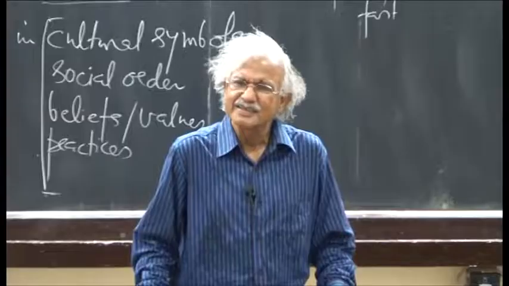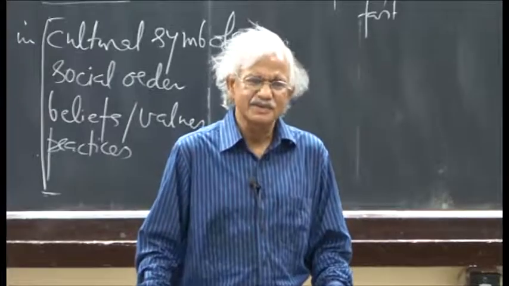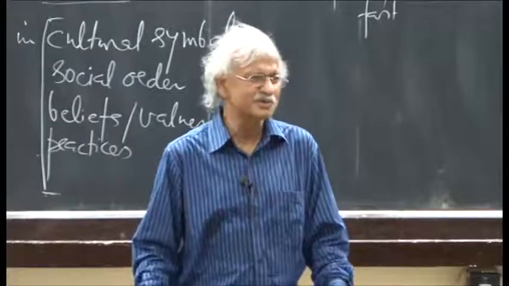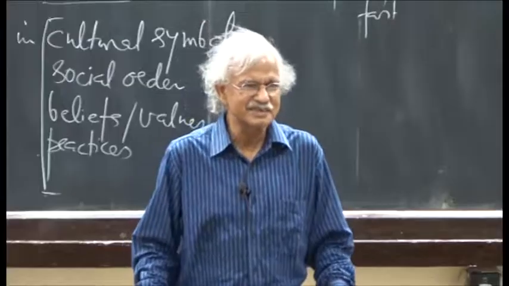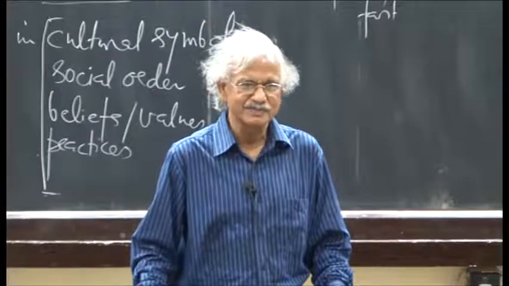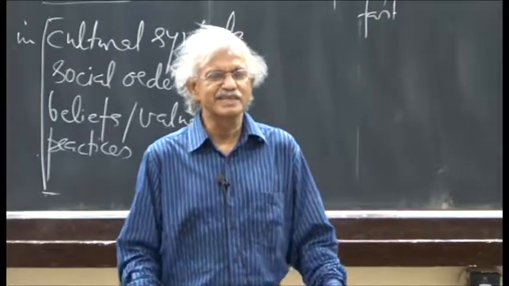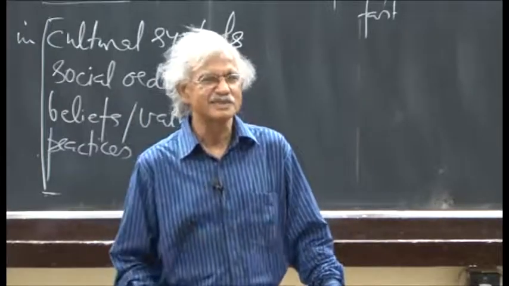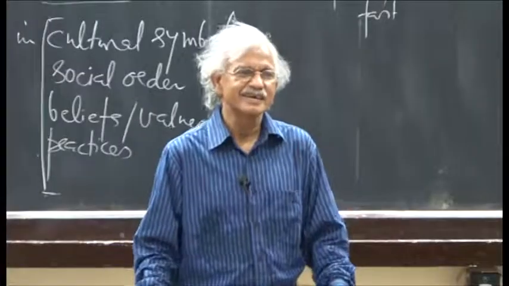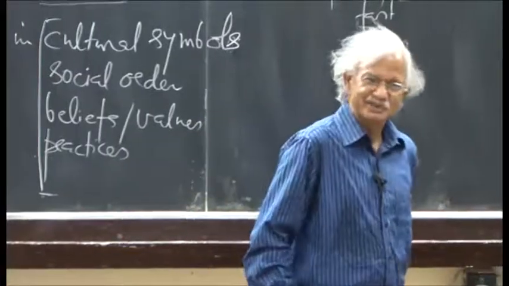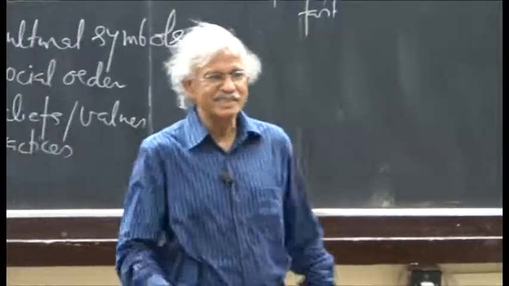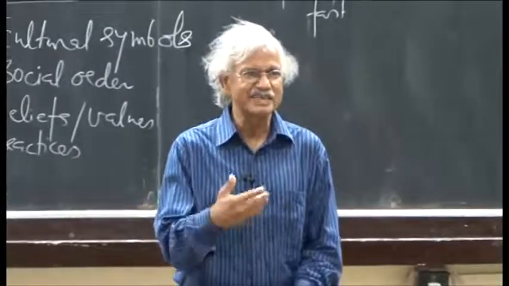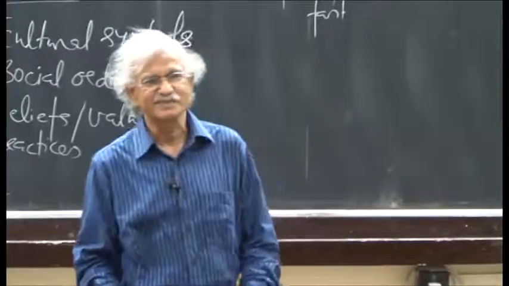Some 1,000 years ago or so, the people of Kashmir became Hindu, or before that they became Buddhist. From their own native religion, they became Buddhist. So there was a social change away from their primitive, traditional, native kind of religion.